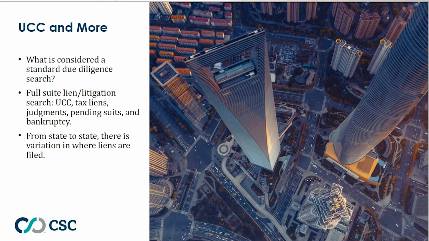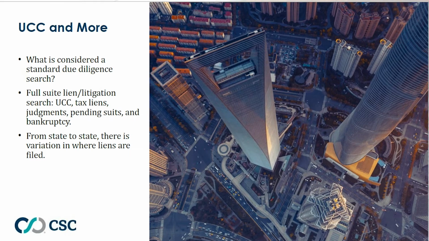This includes UCCs at the state and county level, county being a search for any real property UCCs, tax liens, that would be your state and federal tax liens, judgments, pending suits, and bankruptcy. Those are the three categories I would say are most commonly asked in terms of what CFC searches and provides our customers.